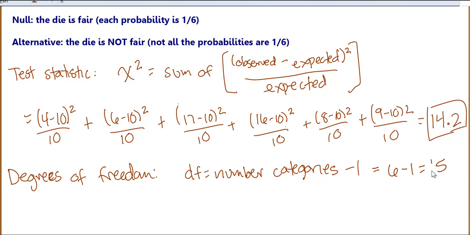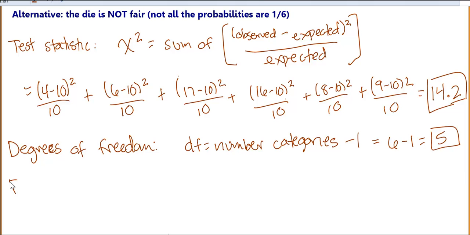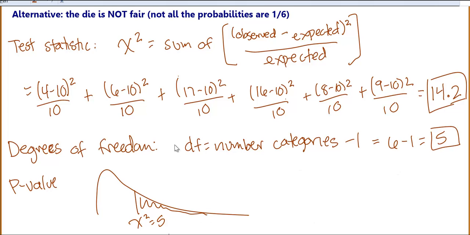So 5. So we have 5 degrees of freedom. Then your p-value, once again, is always going to be the area to the right. So here's my chi-squared, and I want to find the area to the right. Chi-squared is 14.2, and we have 5 degrees of freedom.